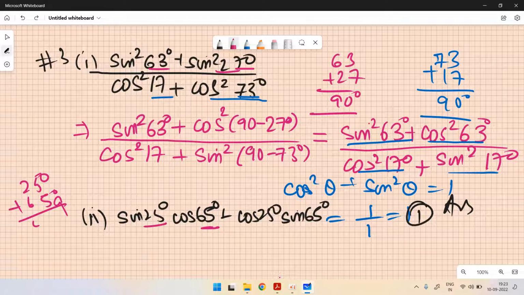So you can convert any one into the other. In place of sine 25, I will write cos of 90 minus 25 degree, and this is already cos 65 degree.